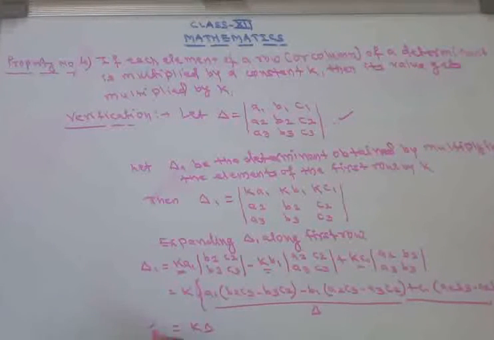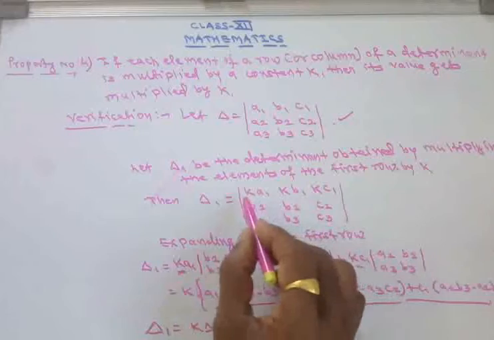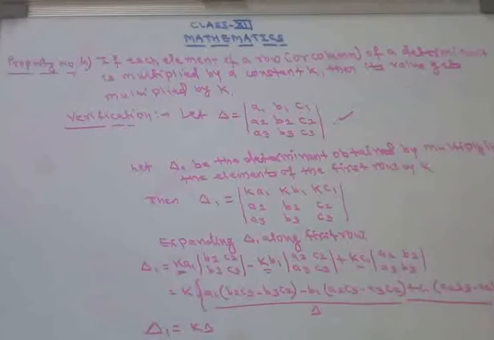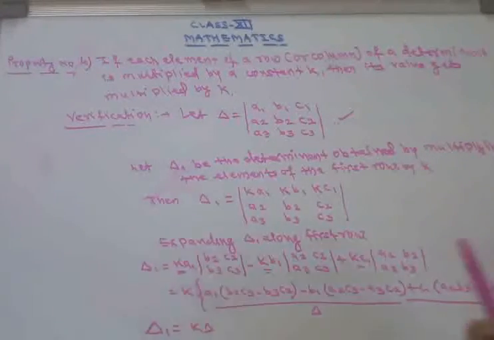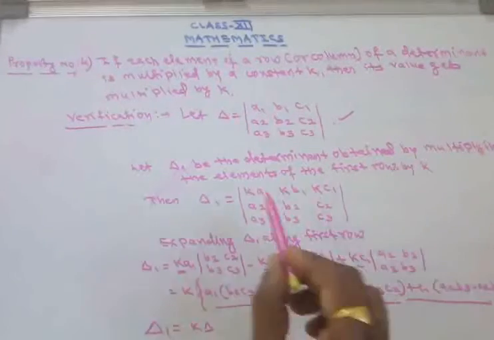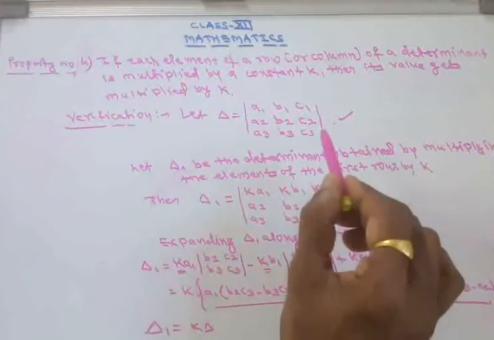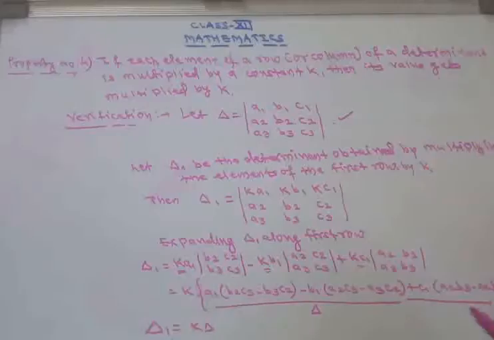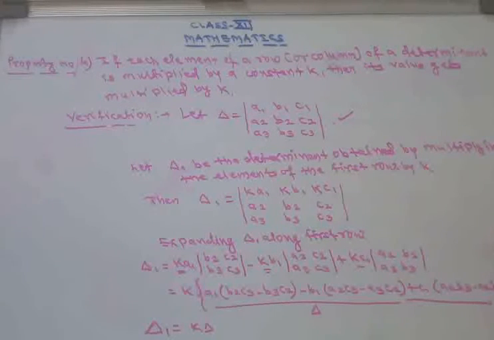So delta 1, what is delta 1? Delta 1 is a determinant in which the first row is multiplied by k, and it is k times the first delta. This means if we multiply any row or any column of a determinant by a constant k, then the value of the determinant gets multiplied by k.